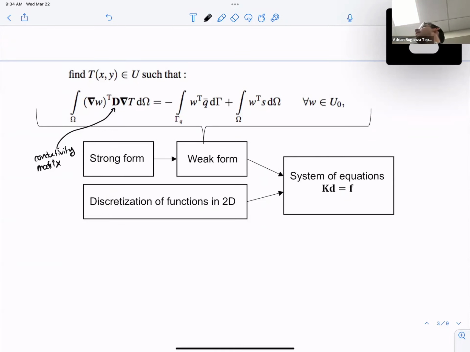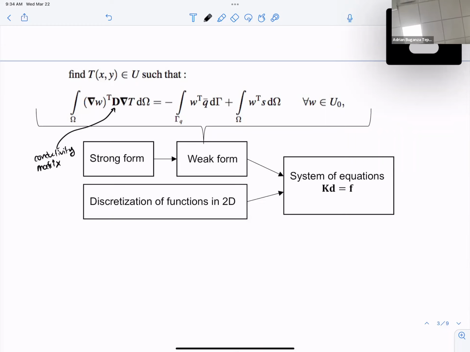The reason why the book has a matrix there is because it leaves it open for anisotropic diffusion. So in lab 4, I think, you did the heat transfer problem, and at some point you did an anisotropic heat transfer problem. For that one, the D is still diagonal, but it has different diffusivities or conductivities.